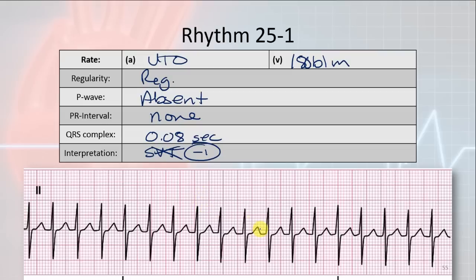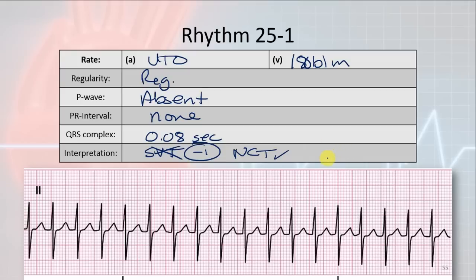Now, can you identify what this is? Is this an atrial fib or an atrial flutter? Is this AVNRT? Is it junctional tach? We can't tell. At this point, you could call this a narrow complex tachycardia, and I would accept that. Let's identify this, though, as AVNRT, because we're talking about that.